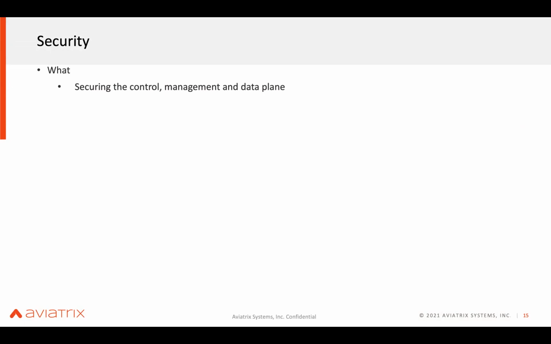That's one big ticket item. The second thing is how you can implement the Aviatrix platform security features for the applications and the workload. So the first piece is how to secure the Aviatrix infrastructure: control plane, management plane, data plane. And the second is how to implement the Aviatrix security features that your end customer is going to leverage.